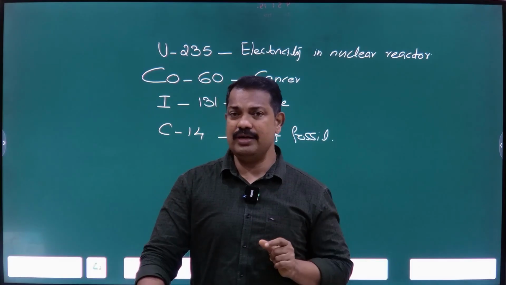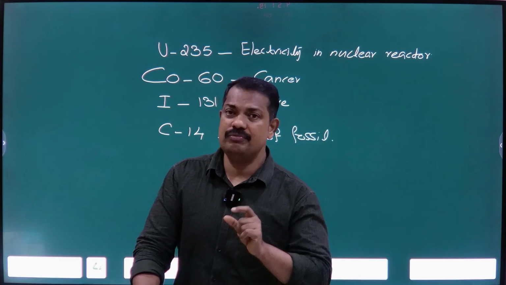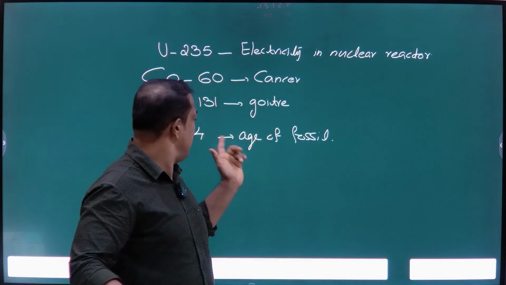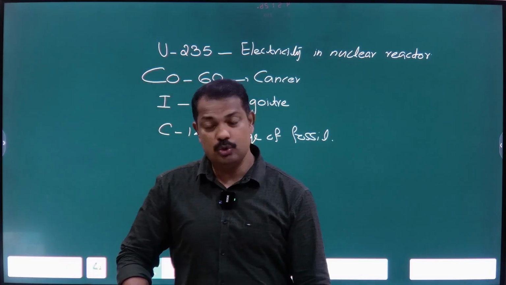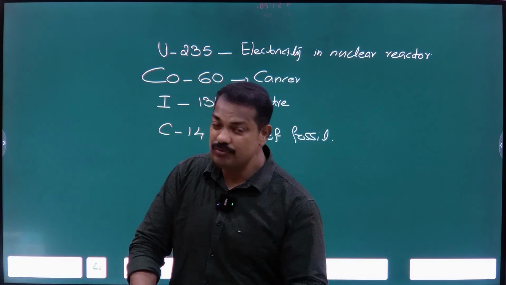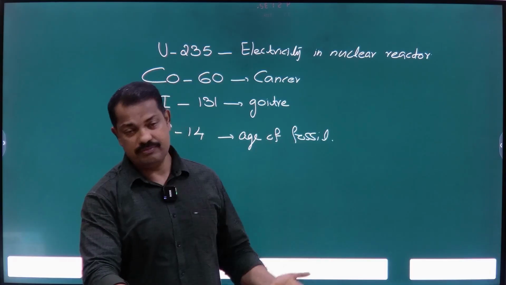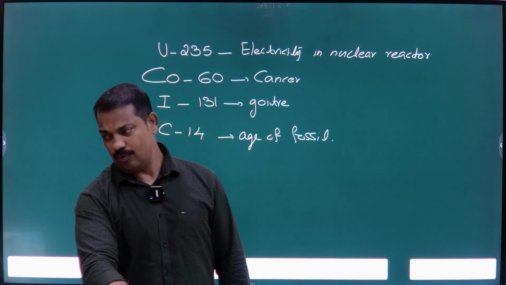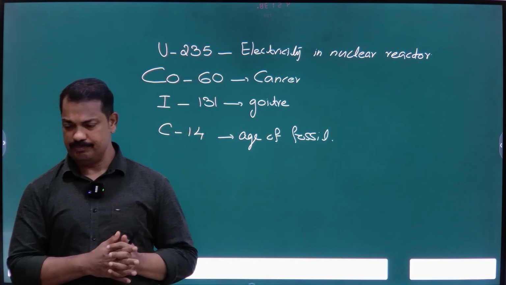Iodine 131 is used in the treatment of goiter, and carbon 14 is used to determine the age of fossils. So these are the different applications. What are the different applications of isotopes?